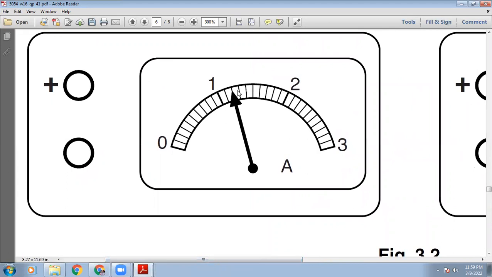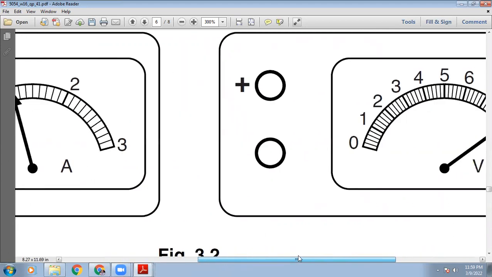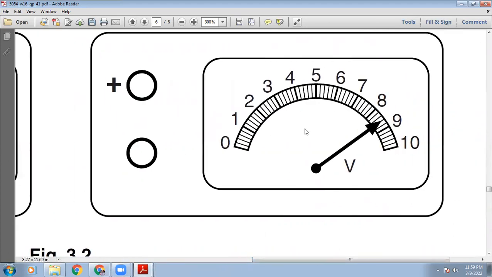1, 2, 1.1, 1.2, 1.3, 1.4, 1.5, 1.6. Okay, so this is 1.2 ampere. And what is the reading on the voltmeter? So this is 8, this is 9, 8.2, 8.4, 8.6. So the reading is 8.6.